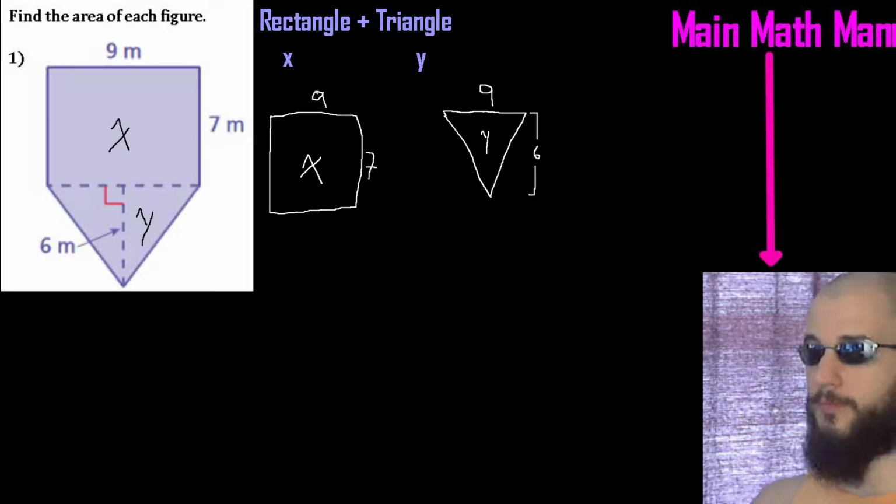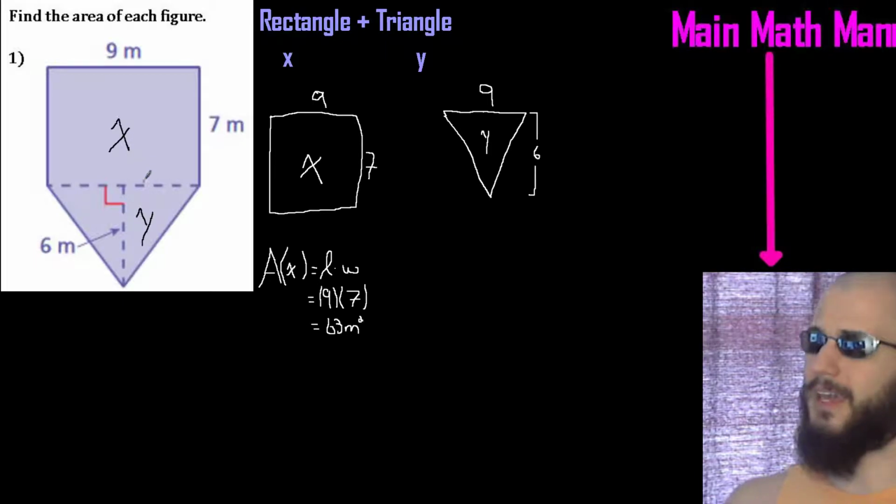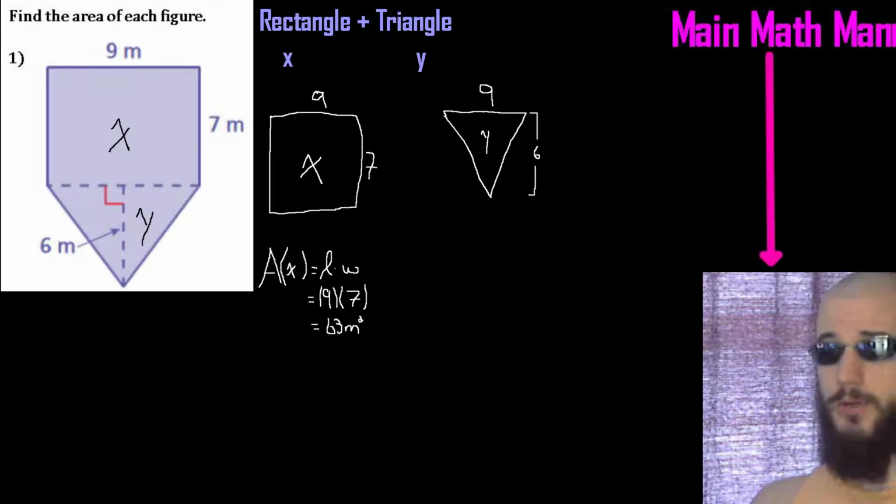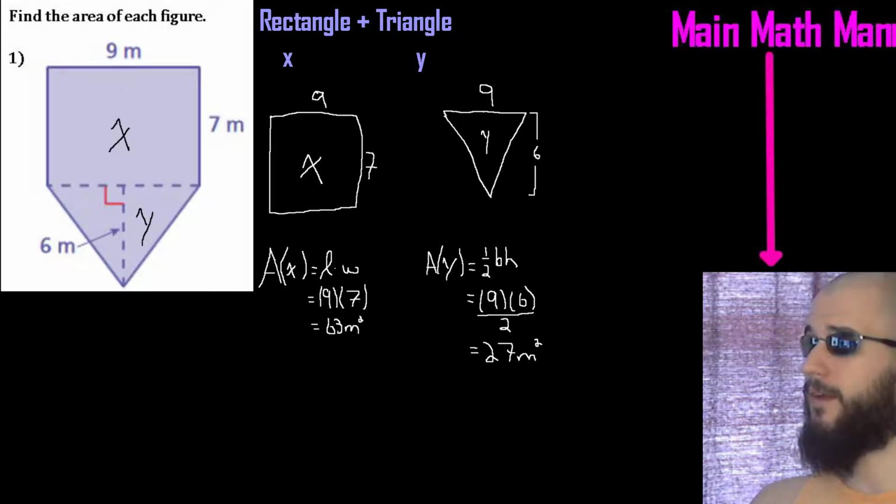We take this one step at a time, easing into it. To find the area of a rectangle, always do the length times the width. Plug in those values, and you should end up with 63 meters squared. To solve for the area of the triangle Y, it's going to be 1/2 times the base times the height.